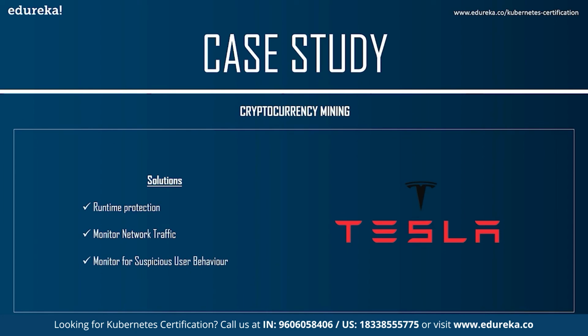Runtime protection can add another layer of defense to ensure that even if an approved image has a vulnerability that allows code to be injected into a running container, that code definitely cannot be executed. Monitoring for unusual activities such as unexpected CPU usage and unexpected resources being scaled out can help you spot when your resources are being used by an attacker.